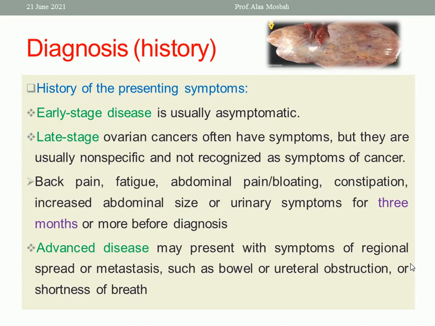Let us go to how to diagnose ovarian cancer from history, examination, and investigation. From history, by asking about the presenting symptoms.